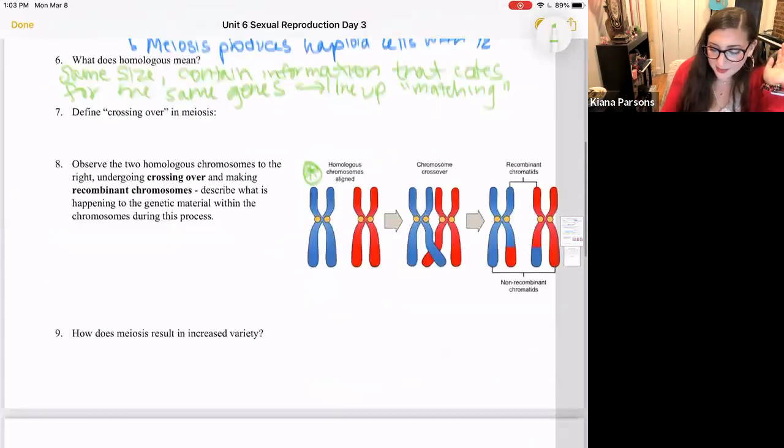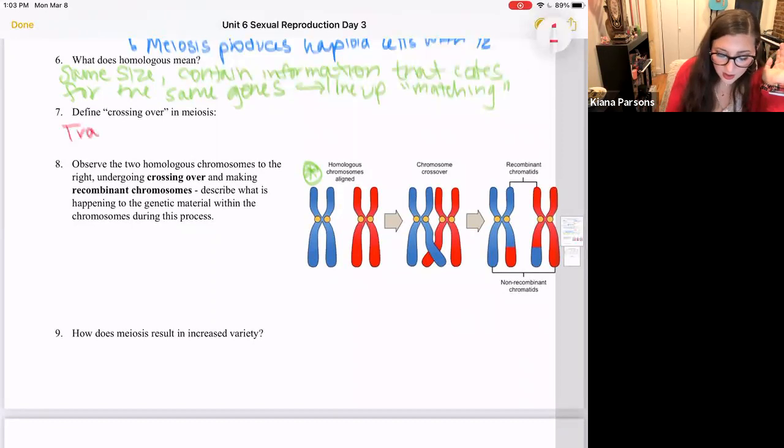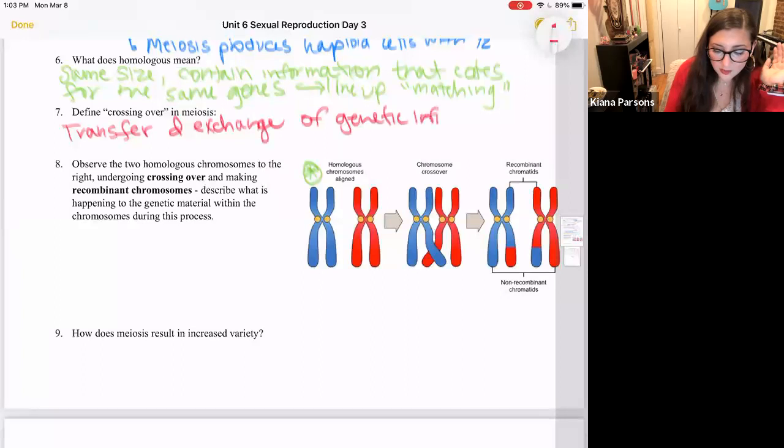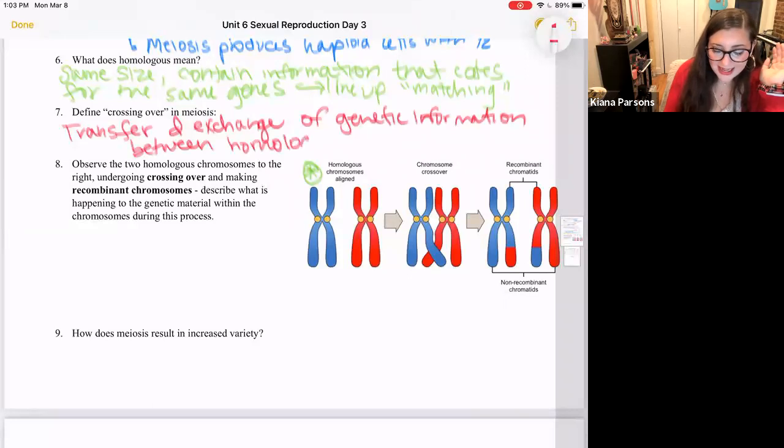It's because of this transfer and exchange of genetic information between homologous chromosomes.